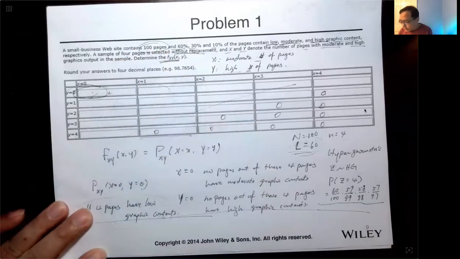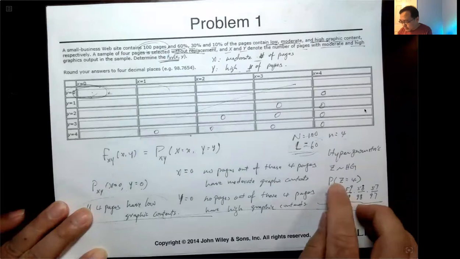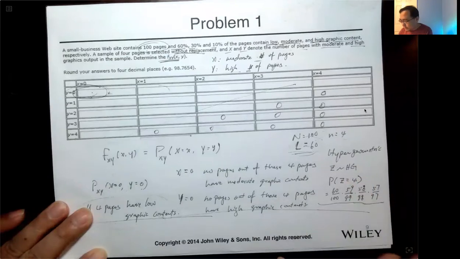The result of the first selection obviously will affect the result of the next selection. So that's why the hypergeometric distribution will be used here. Basically it's the combination case, as we discussed before, finding the probability from combinations.